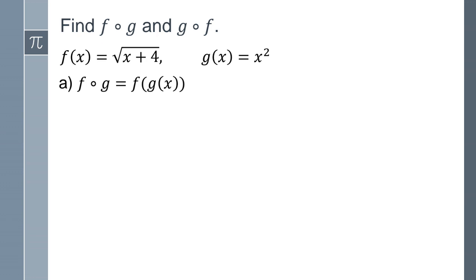I'm going to go to my f function and plug in g of x there, which means I'm going to plug in x squared where the x is. So this is my result, the square root of x squared plus 4.